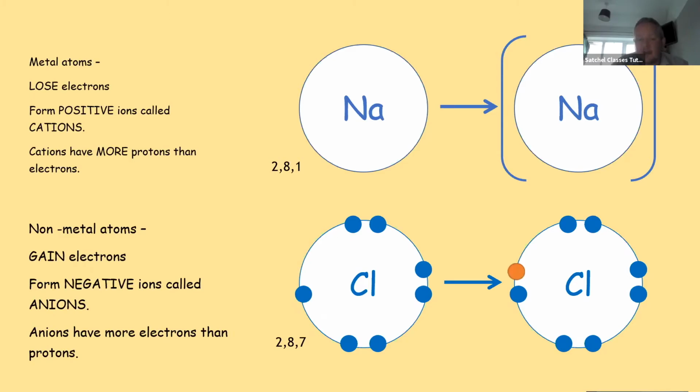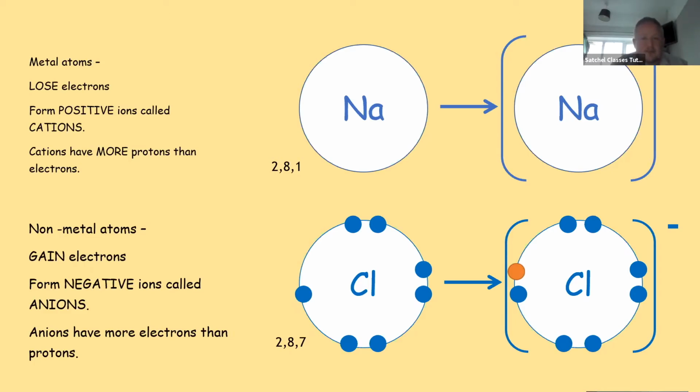That extra electron that they have gained can come from other atoms that are giving them up, such as our sodium. And this forms this arrangement. Now I've got a positively charged sodium ion and a negatively charged chloride ion.